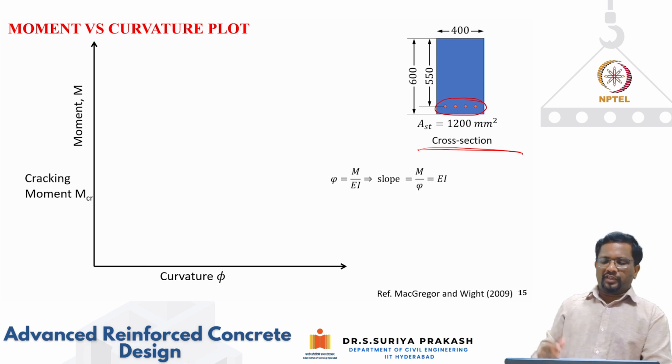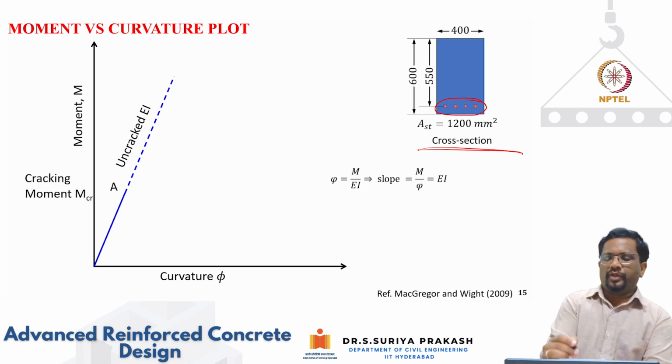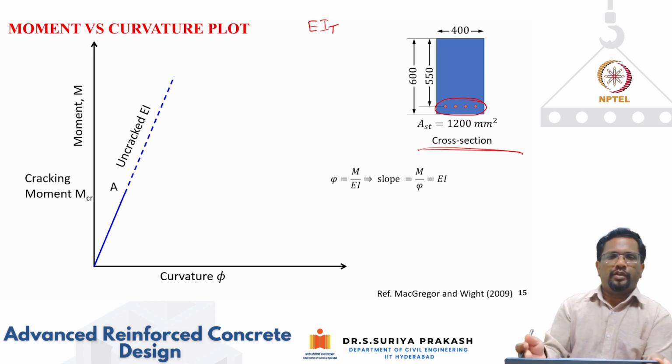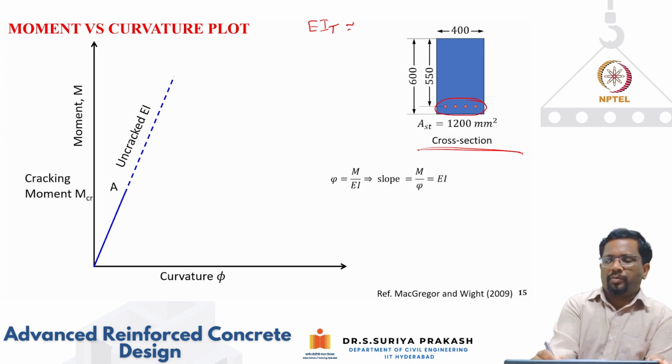Now, when I do the sectional analysis, let's see what happens. Initially, everything will be uncracked. So you can convert the steel into an equivalent concrete area and calculate EI transformed. But the amount of steel that you put is very, very small, so we can approximate that to EI gross.